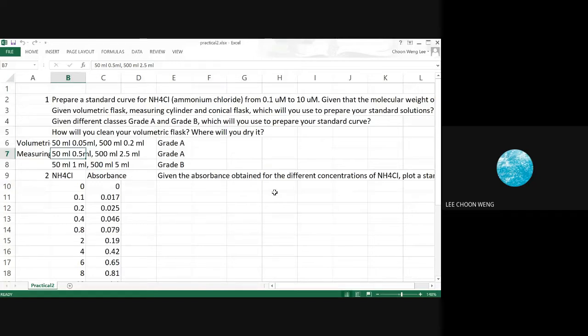So you have to realize that there are different manuals available and also different methods available depending on the sensitivity and accuracy of the method.